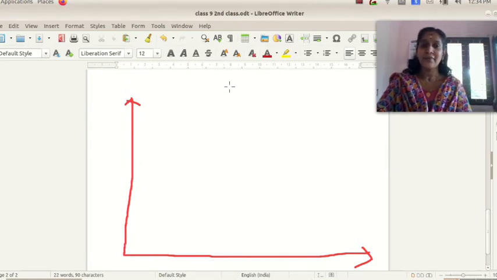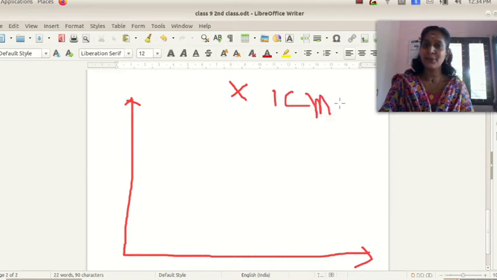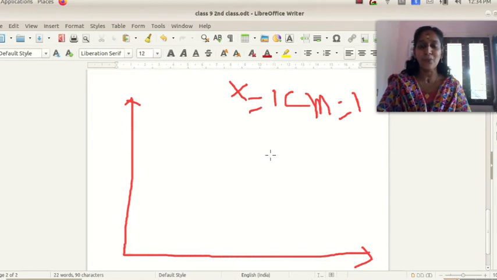While drawing the graph, we should mention in which way we take the values. In the x-axis, 1 centimeter is taken as 1, isn't it?